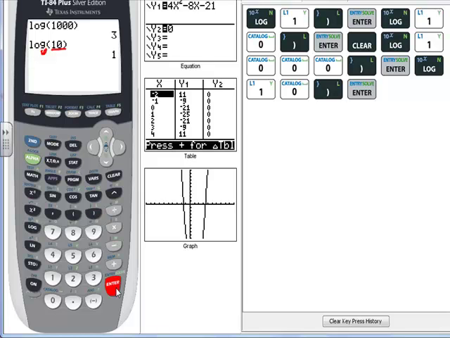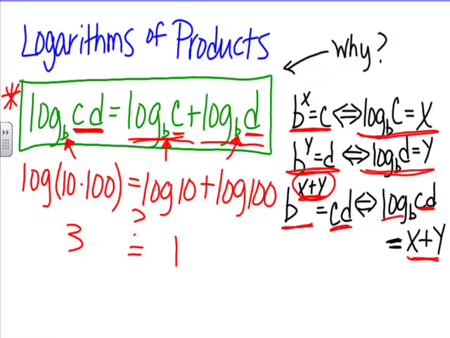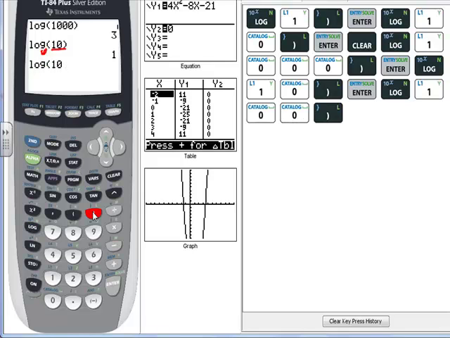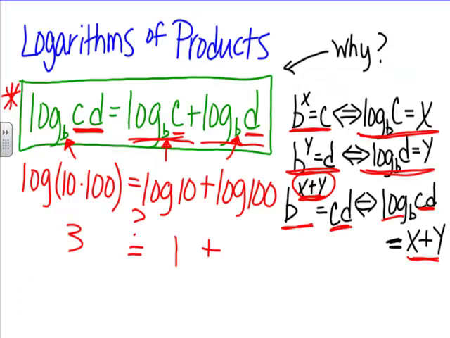So I'll hit enter, and sure enough you can see that. Plus, when I hit the log button again and put in 100, and hit enter, sure enough a 2 comes out. I'm showing you this because whenever you're questioning yourself, you can always make up a little problem and give it a go and see if you can prove it to yourself that that's a fact.